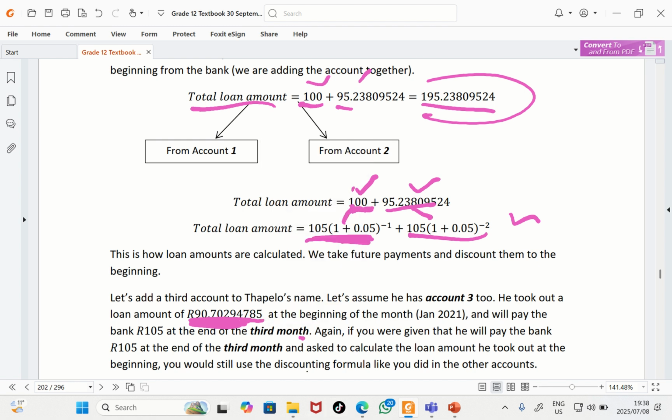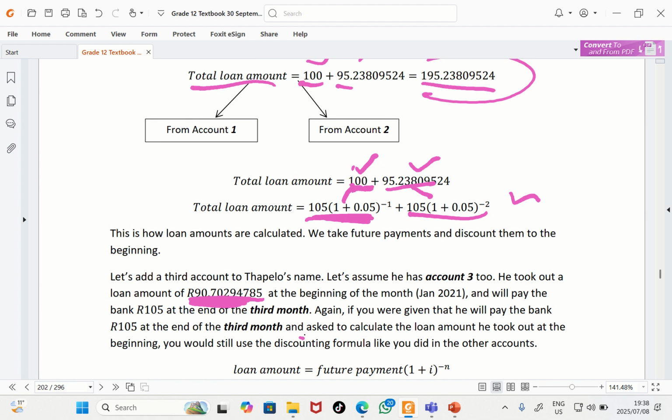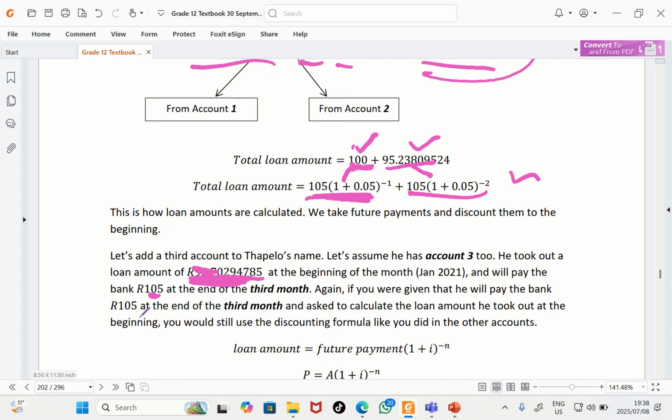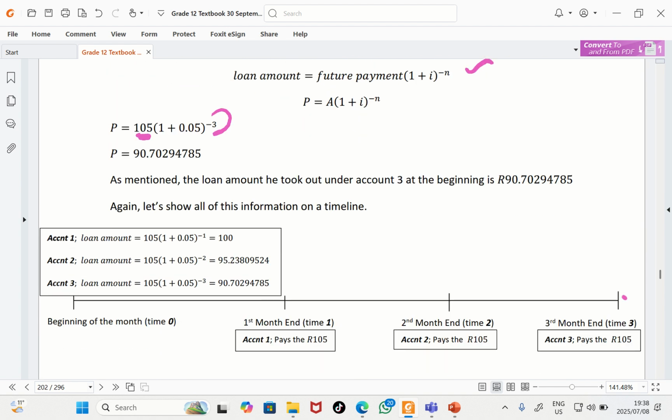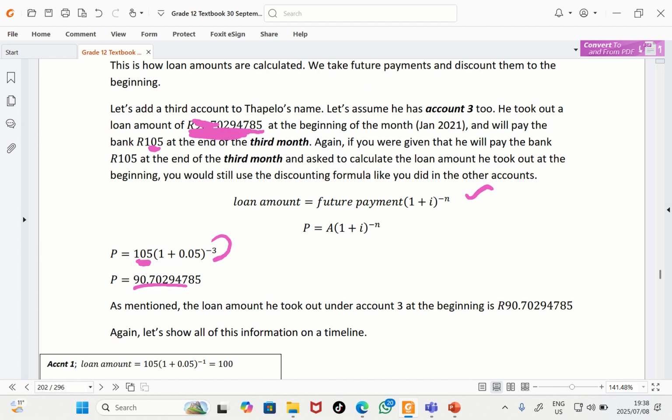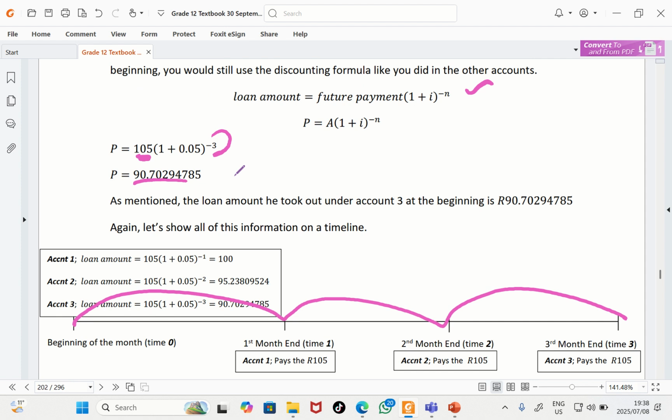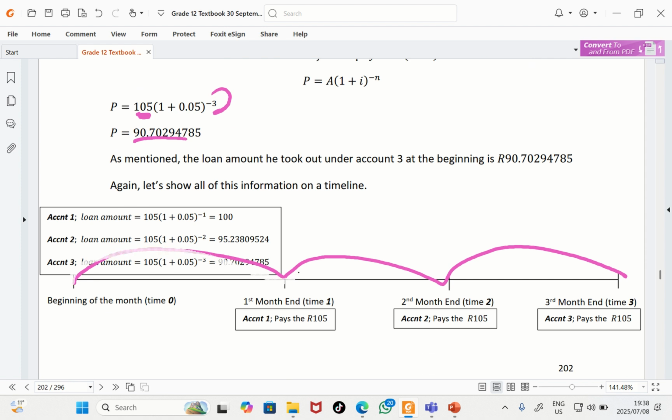Now if you were not given this 90 point whatnot, and you're given that this guy's going to pay 105 in 3 months' time, how much is the loan amount? You use this formula. You literally write the amount he's going to pay, the installment, and discount it back to the present day. Remember, it's after the third month, so you must discount it 3 periods back. Then this gives us 90.7, which is what we had at the beginning of the example. Are we all happy with that?